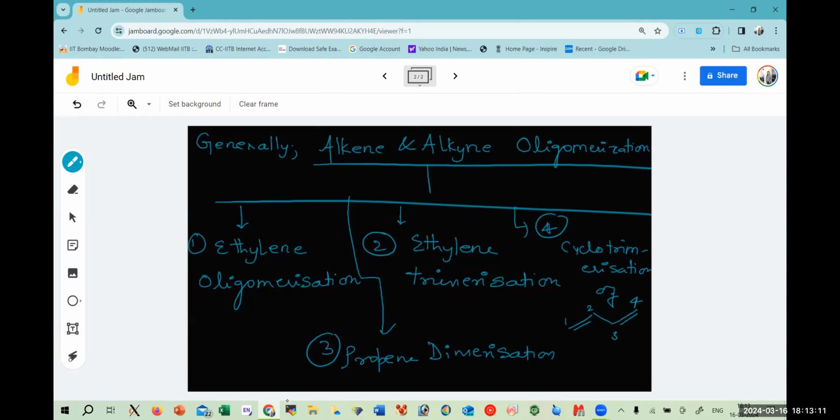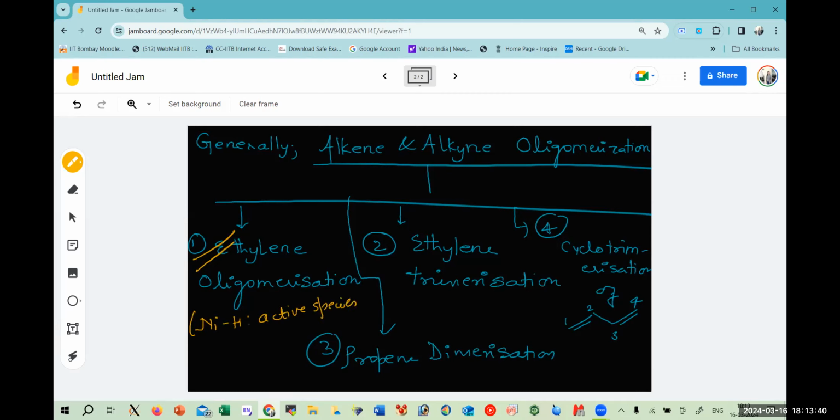So this is actually the main generalization, where we have already taken the first topic in our previous slide, where we converted the ethylene into different alpha olefins and oligomers, where nickel hydride was considered to be the active species. So here in this case, nickel hydride was the active species.